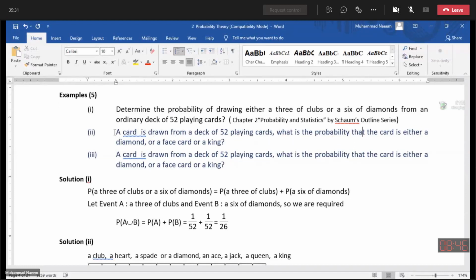What is the probability that the card is either an ace or a face card or a numbered card?